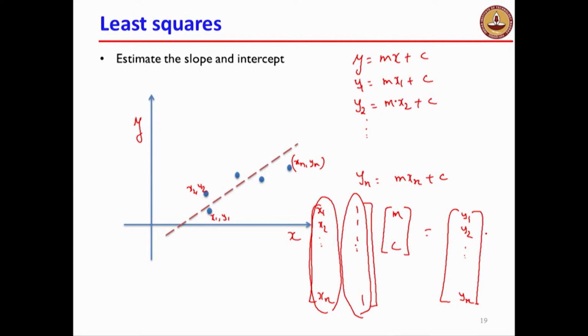I am now going away from the xy plane into another plane, another vector space, where one vector is a vector of my x's, one vector is a vector of 1's, and my right hand side vector is my vector of observations.